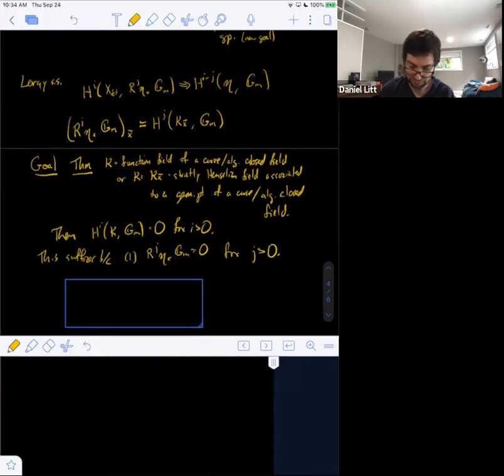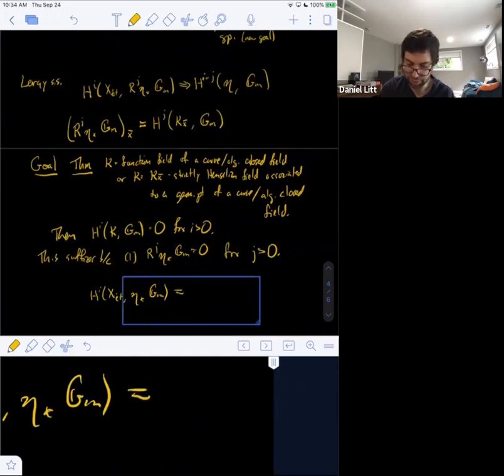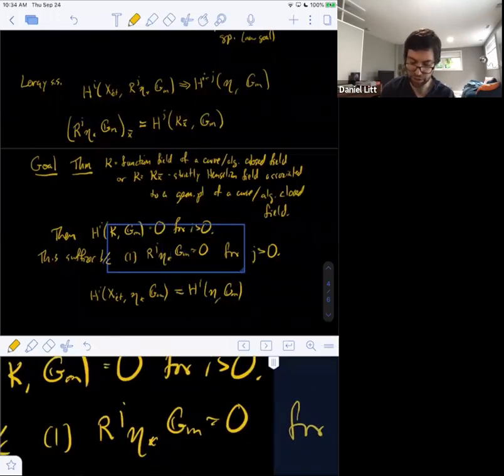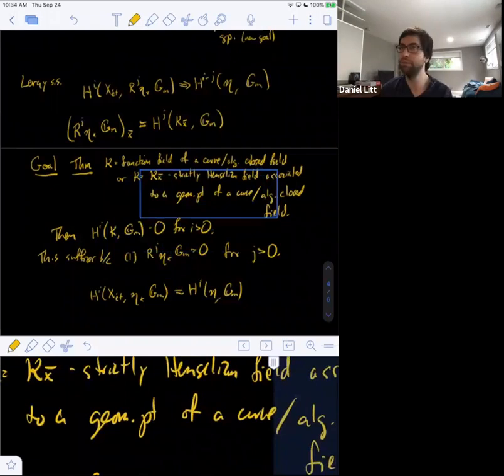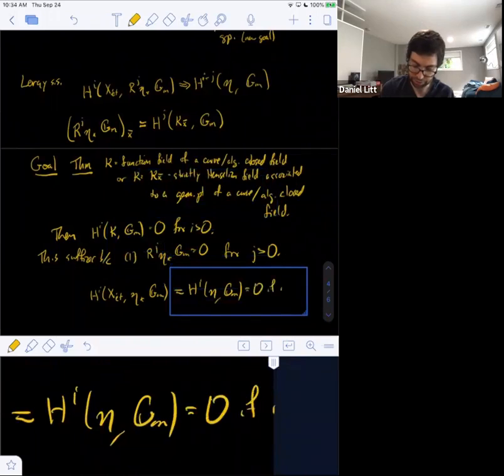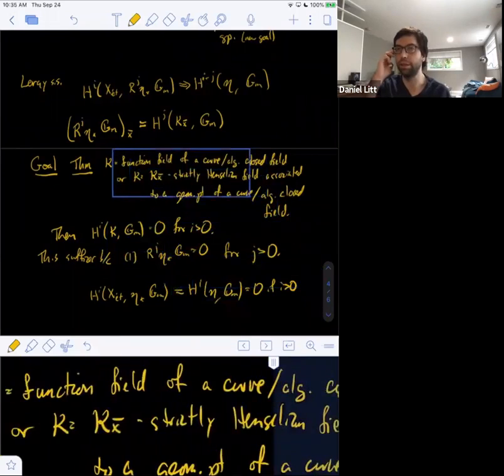So then we get a spectral sequence H^i(X_etale, R^j eta_* G_m). Well, there are no j's, so this is just equal to the infinity page, H^i of eta, G_m. But now again we apply the theorem. To get the first, we applied the strictly Henselian part of the theorem. Now to get this to be 0, so this is 0 if i is bigger than 0, we apply the first part of the theorem, the case where K is the function field of a curve. All right. Are there any questions about that?